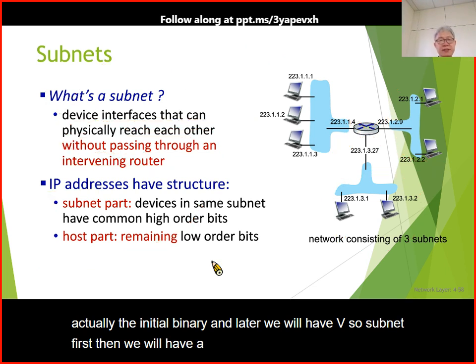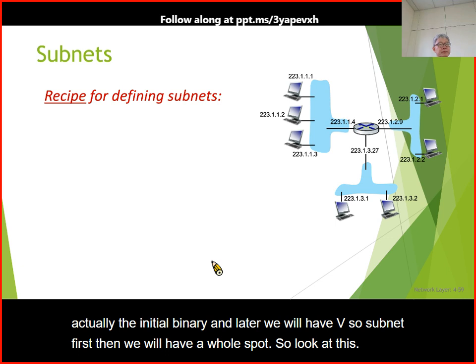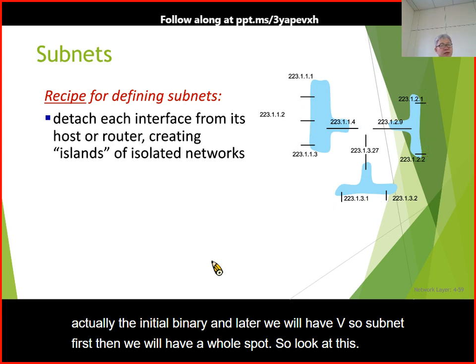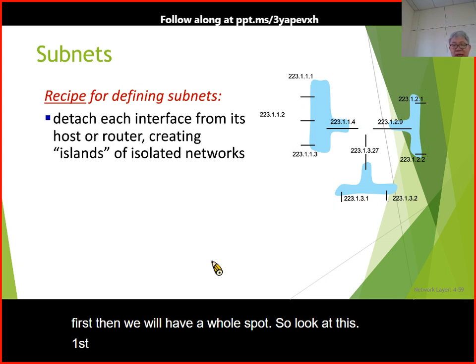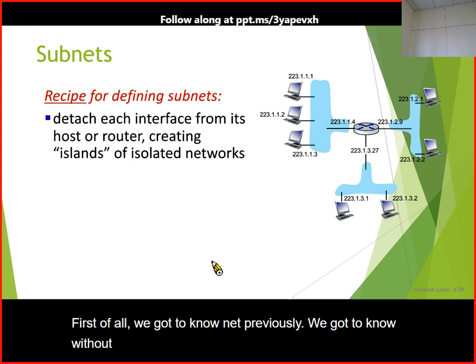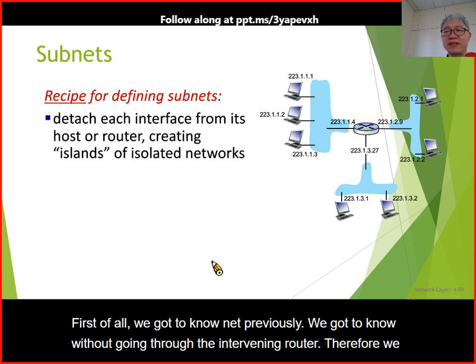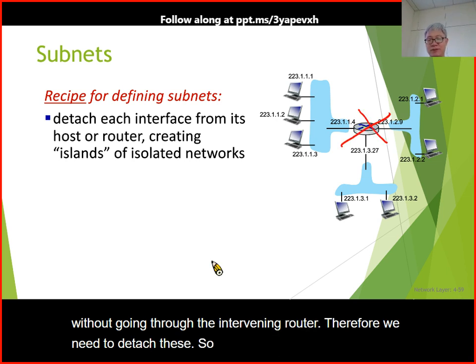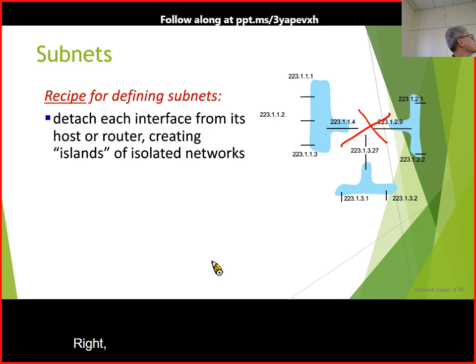So look at this. First of all, we got to know the subnet. Previously, we got to know it as without going through an intervening router. Therefore, we need to detach this. So look at this, detach. Right? Detach it. Alright, and also detach the other.